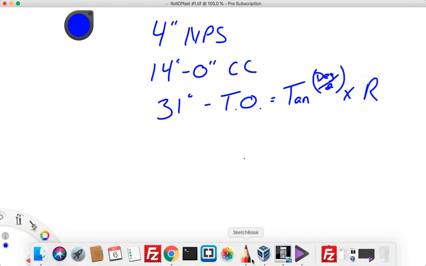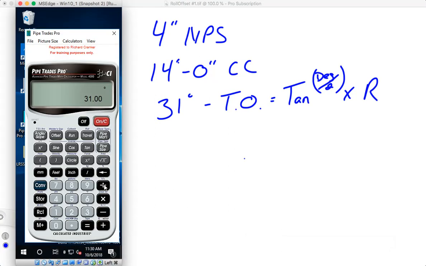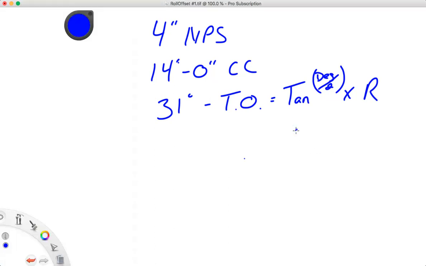Okay, tangent of half the degree: we've got 31 divided by 2 equals, and then the tangent, which is 0.277, times the radius of 4-inch, which is 6 inches, nominal pipe size times 1.5.